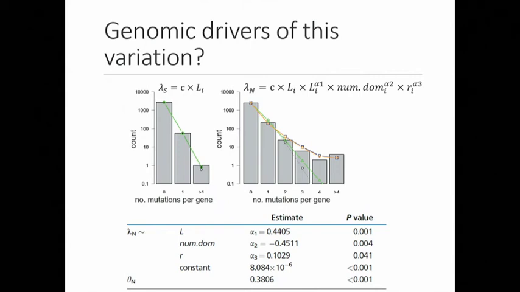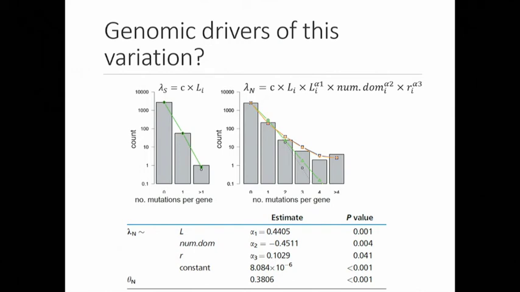So, just to summarize what we found, we fit the model to the data that we assumed had arisen just through mutation, and then we also fit the model to the data where we assume the mutations had arisen through mutation and selection.